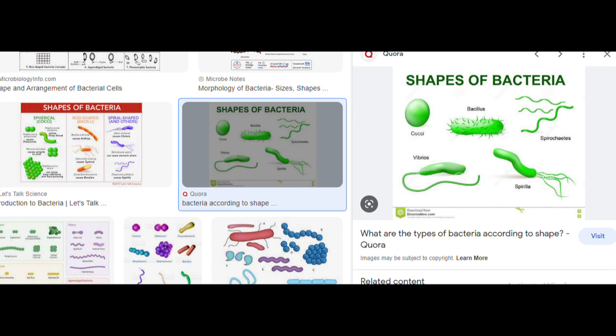This process requires special pili called F, or fertility pili. The F is capital F. So during exchange of genetic material, pili are important.